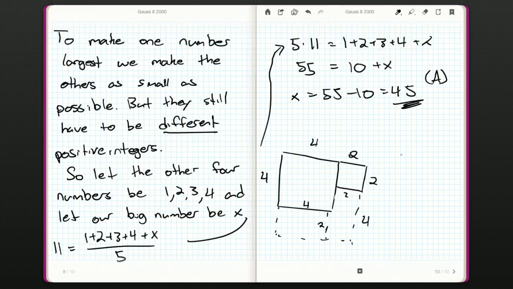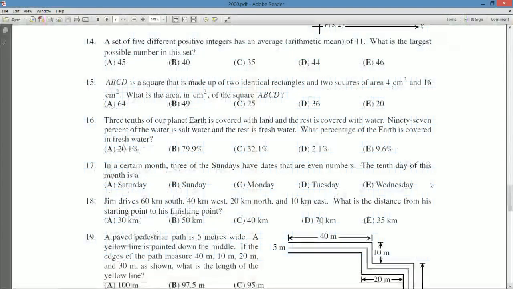And so in total, this means that ABCD is 6 centimeters by 6 centimeters. Now, what are we asked for? We are asked for the area in centimeters squared of ABCD. Okay.